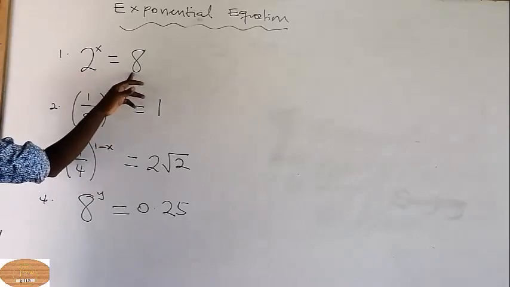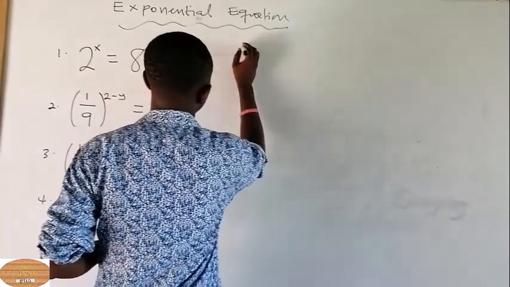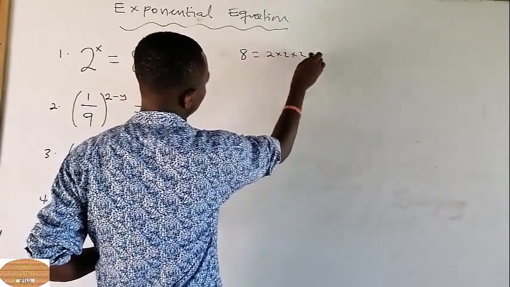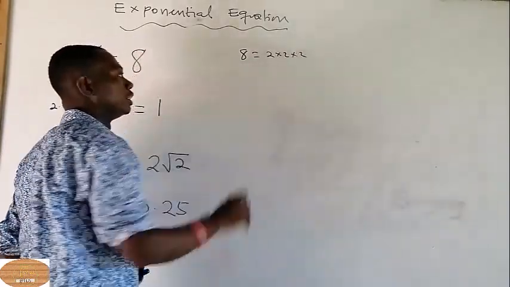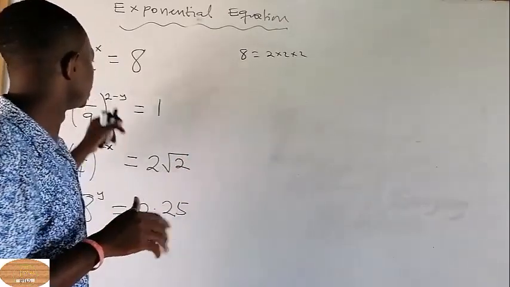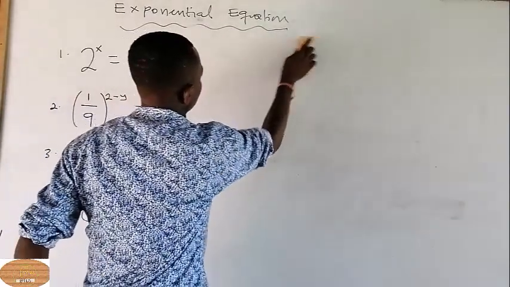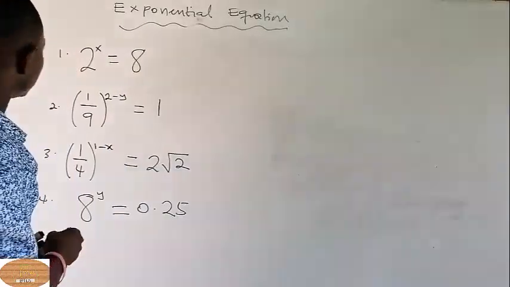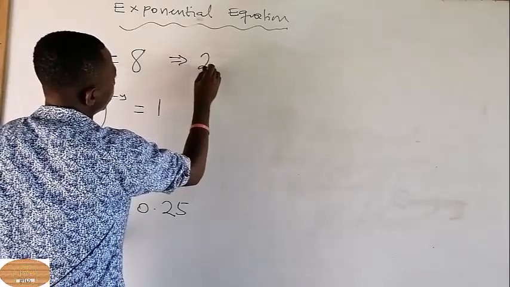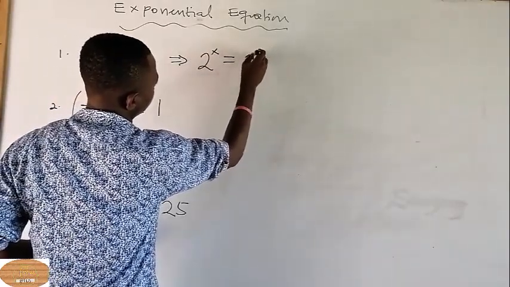So we know that 8 is the same as 2 times 2 times 2. 2 times 2 is 4, 4 times 2 is 8. So 2 multiplying itself 3 times gives 8. So this one is straight away 2 to the power x equals 2 to the power 3.